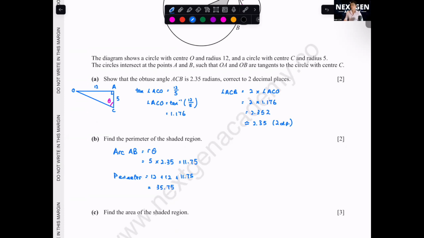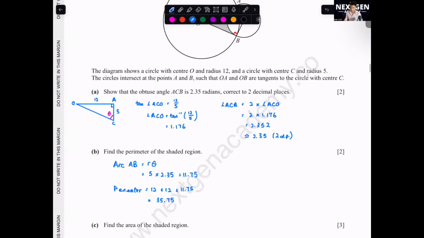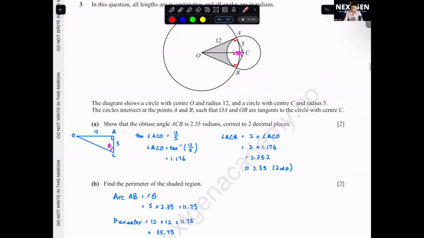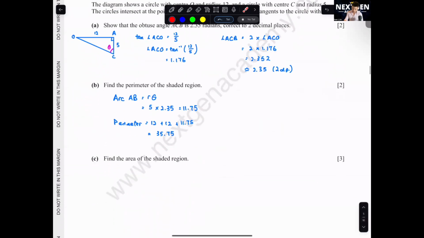Okay, the last one. Find the area of the shaded region. How can we find the area over here? We can take this shape, which is a kite, made up of two right angle triangles, minus the sector of this ACB. So we'll take area of kite minus area of sector.